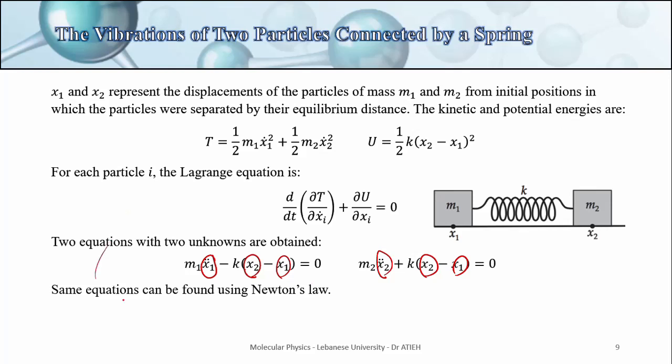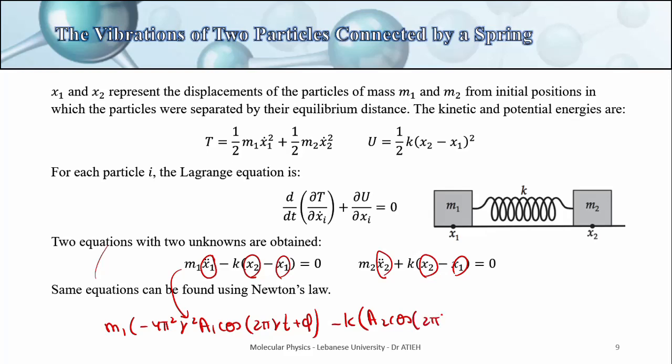So you will see that if I insert here, I will get m1 times minus 4 pi squared nu squared a1 cosine (2 pi nu t plus phi), minus k times [a2 cosine (2 pi nu t plus phi) minus a1 cosine (2 pi nu t plus phi)]. All of this is equal to 0. Get rid of the cosine term, it's not equal to 0 for all time.